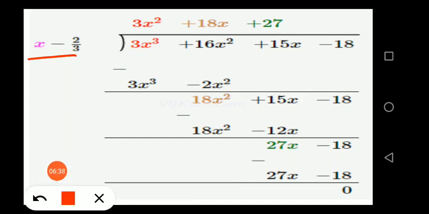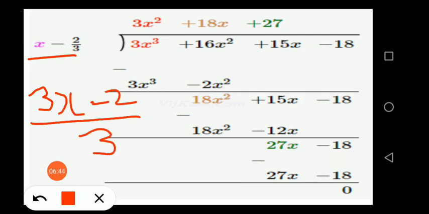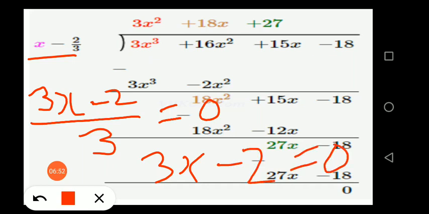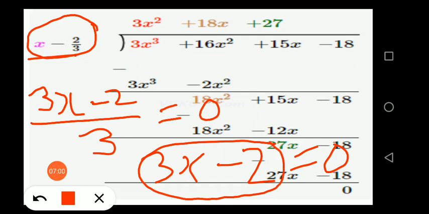This can be written as 3x minus 2 by 3, and then we will equate it to 0, and we get 3x minus 2 is equal to 0. So instead of dividing by x minus 2 by 3, we can divide by 3x minus 2 also.